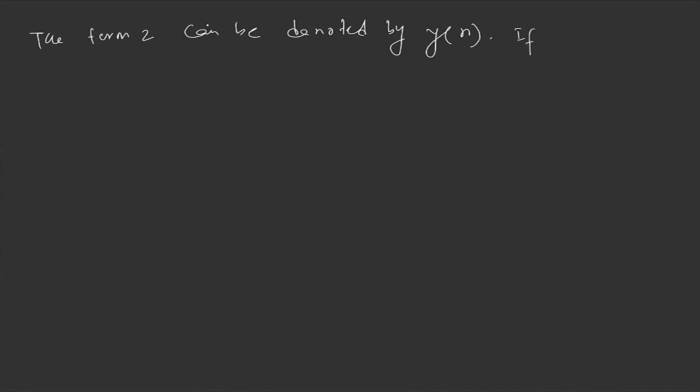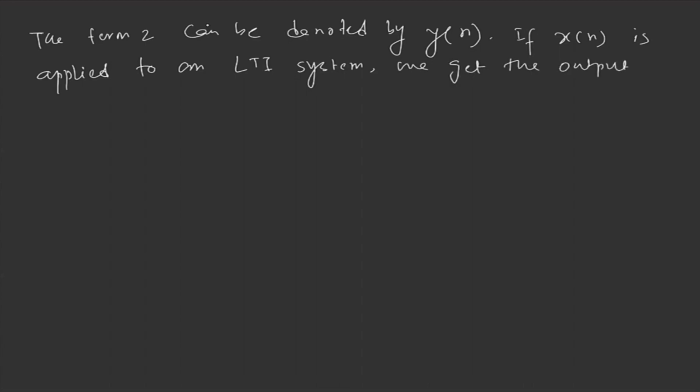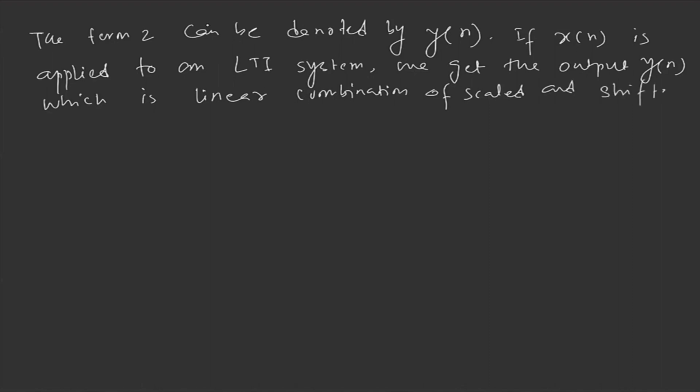We can write, if x n is applied to an LTI system, we get the output y n, which is basically a linear combination of scaled and shifted versions of the impulse responses.